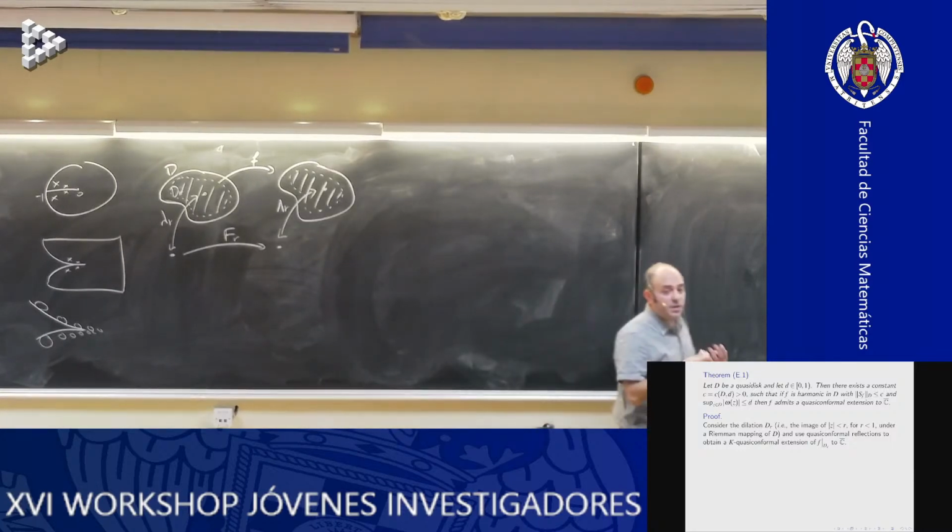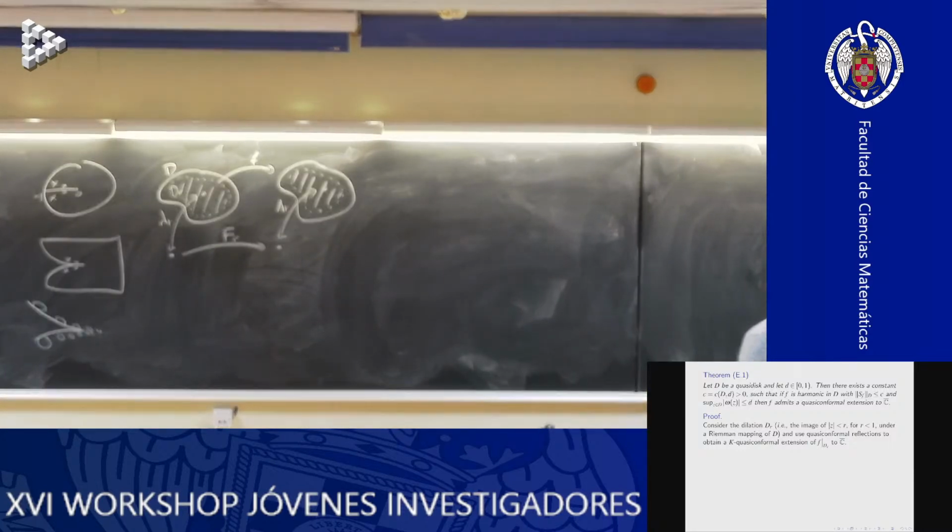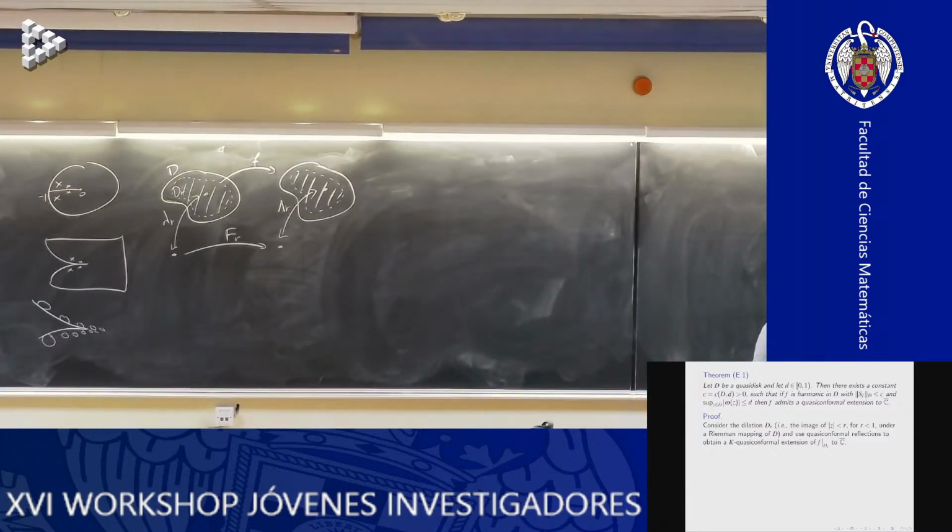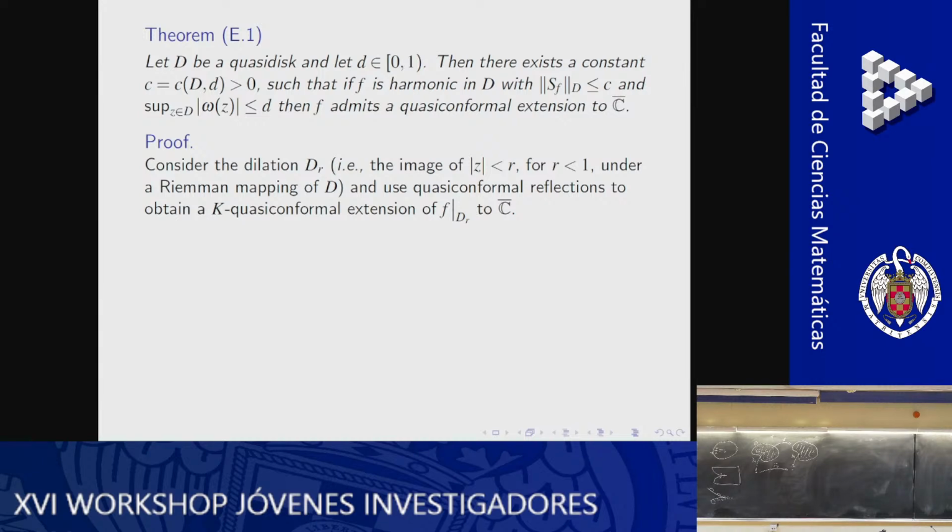Good, now we would like to take the limit as r goes to 1. And that would be perfectly easy, but there's only one problem. This capital F sub r is K quasi-conformal, but in principle that K depends on r, and in the limit it could go to infinity.